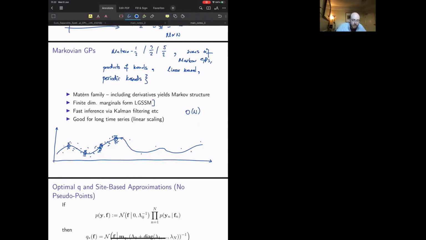So the one thing I've not mentioned, which I should definitely mention, is really this scaling is order n times some constant d cubed, where d here is the dimensionality of the state vector for all of these things. With the Matern 3/2 kernel, we saw that this whole state was just 2. It's just the process and its derivative.